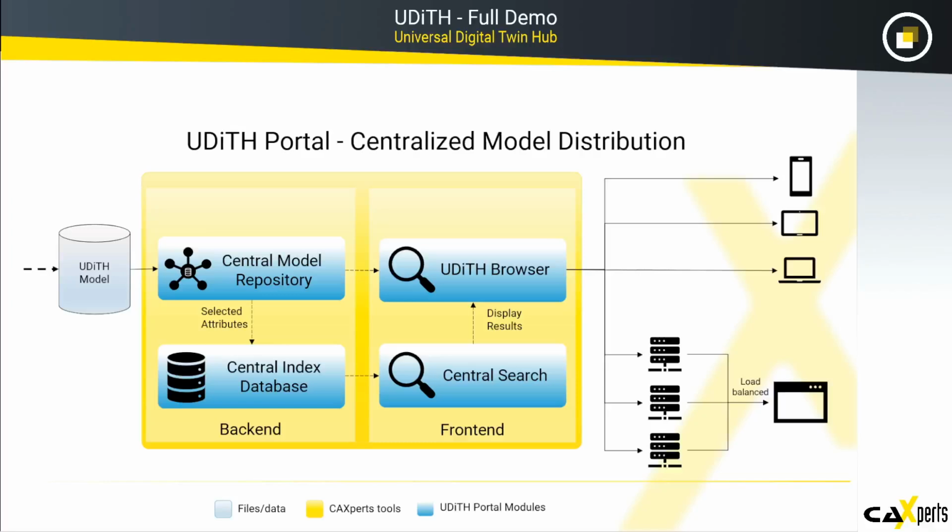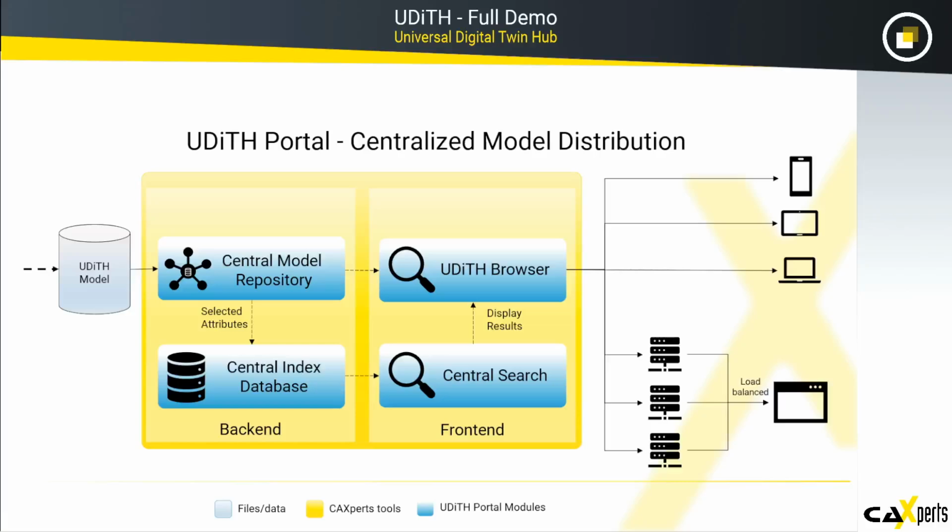With the UDiTH browser, which is permission-based, users have access to the model to either open it locally, to download it for offline usage and check out a license, or to view it through browser-based viewing.